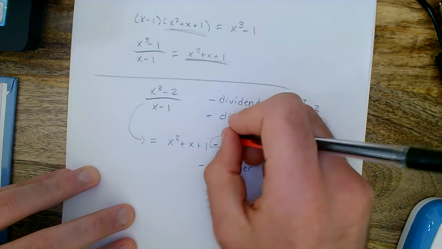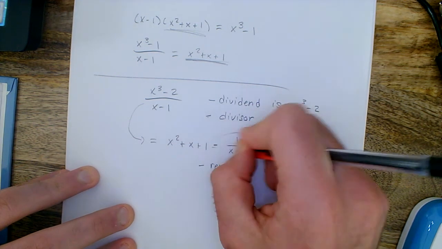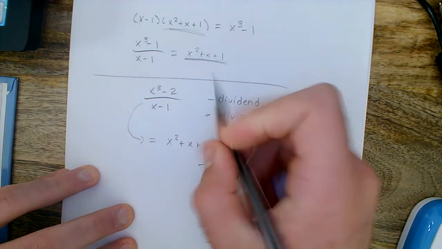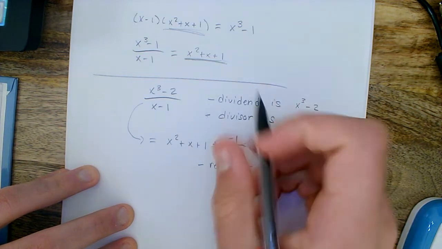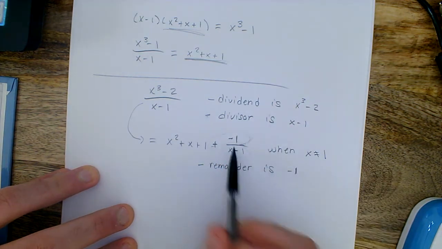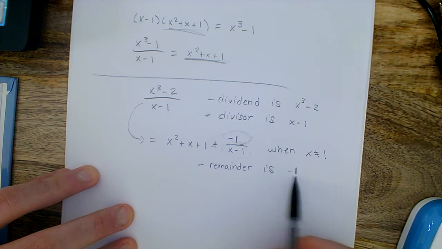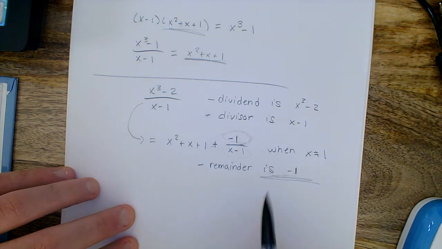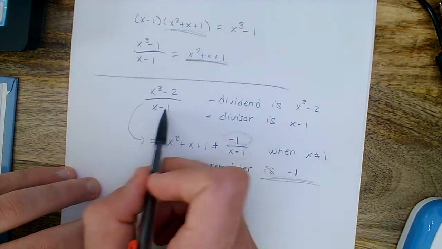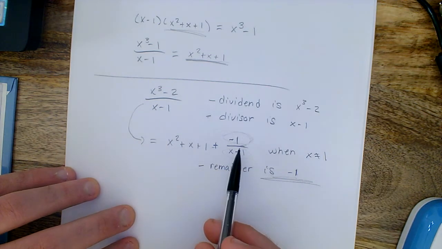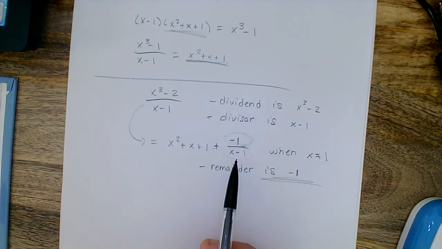Because you could rewrite this as a plus negative 1. So the divisor here is x minus 1, and this negative 1 here is called the remainder. So the dividend is basically the numerator, the divisor is the denominator, and the remainder is the remaining thing.